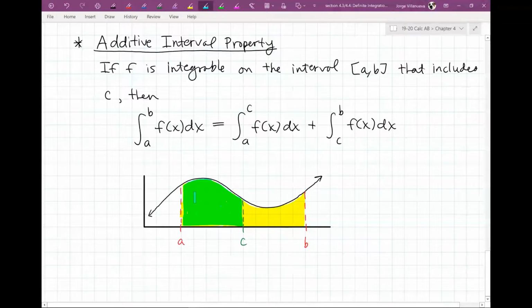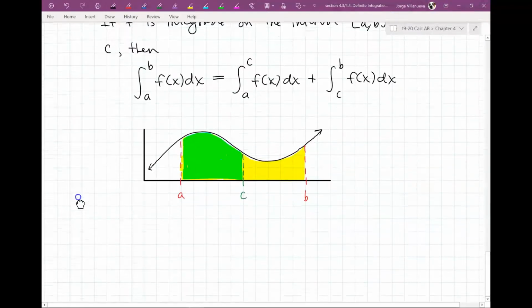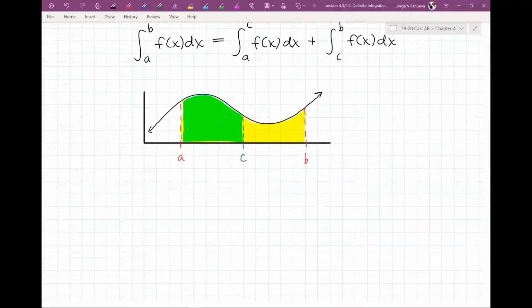So let me see. I'm looking at some properties you guys should already know, so we're not going to worry about those. So this is actually the end of section 4.3, what I'm about to do right now. So example number 3, we're going to find the integral here.